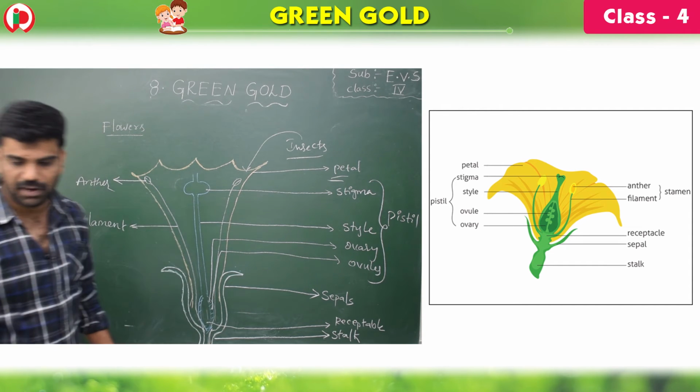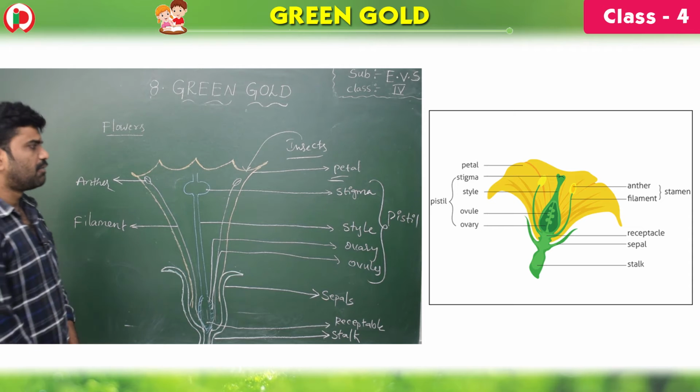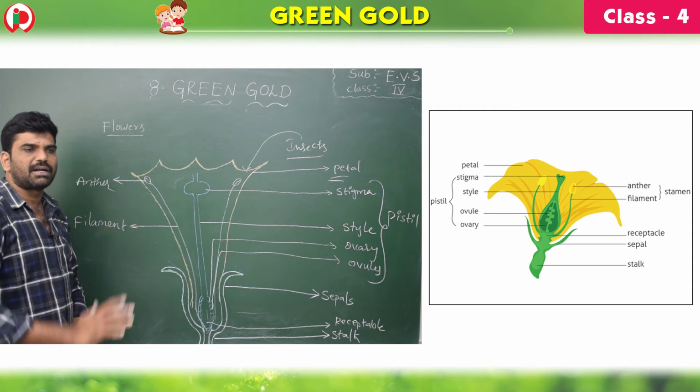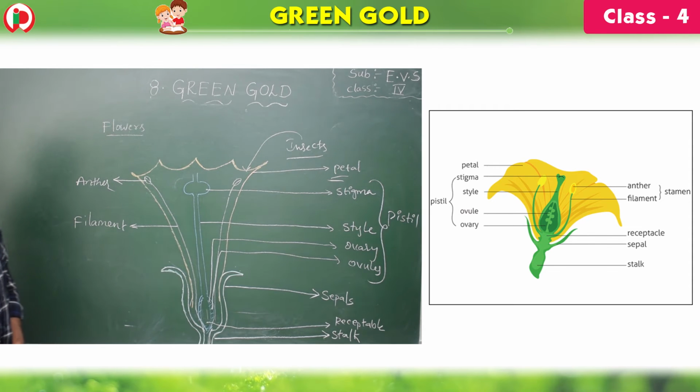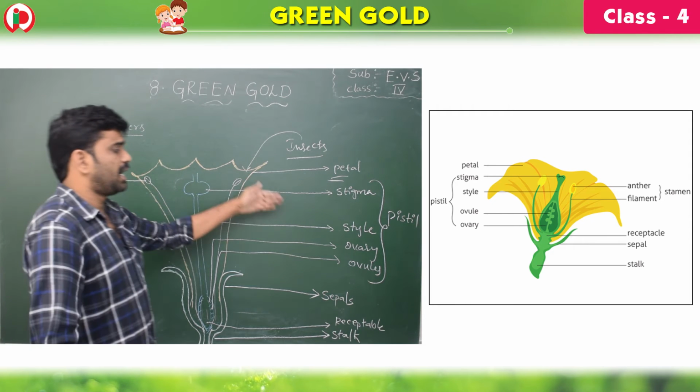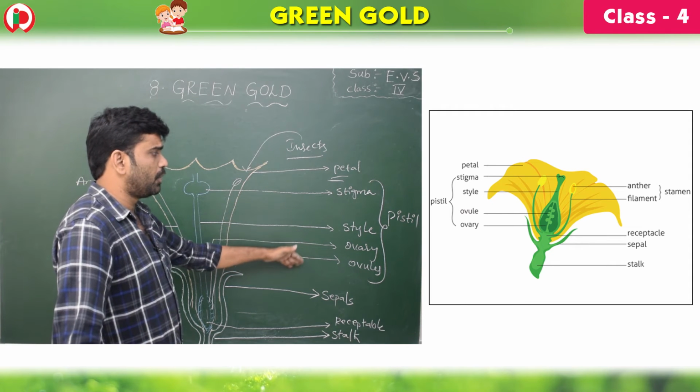So this is about the flower. Once again I repeat, children. The flower is the reproductive part of a plant. It has male and female parts. The female parts are stigma, style, ovary, ovule.